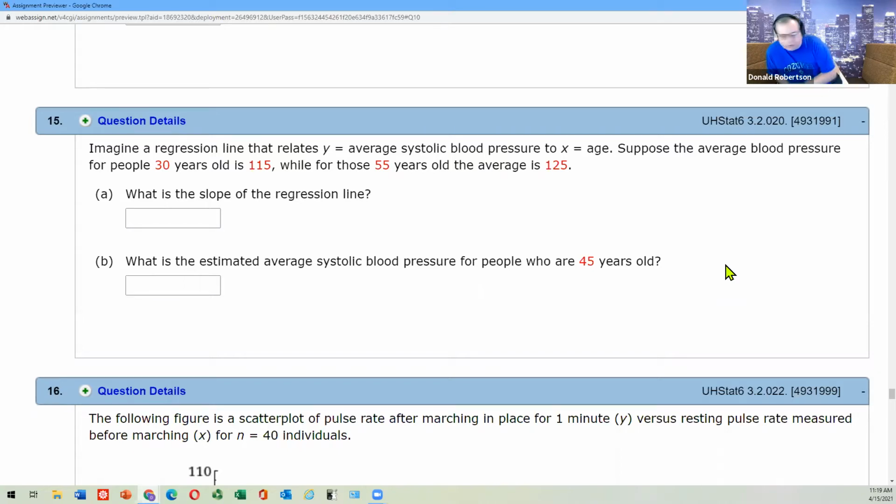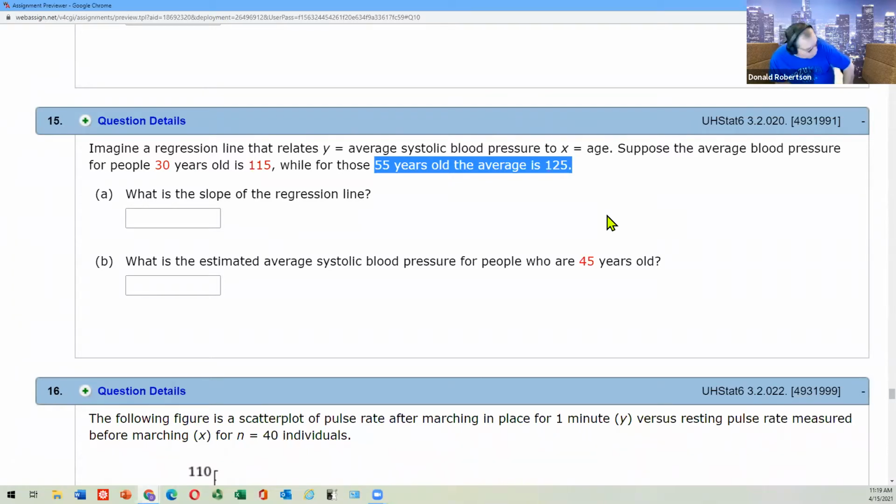12-year-olds would be down here somewhere and 30-year-olds would be over here. And in this story, they only tell us 2 of them. For a 30-year-old, it came out about 115. And for a 55-year-old, it came out as 125. Right?